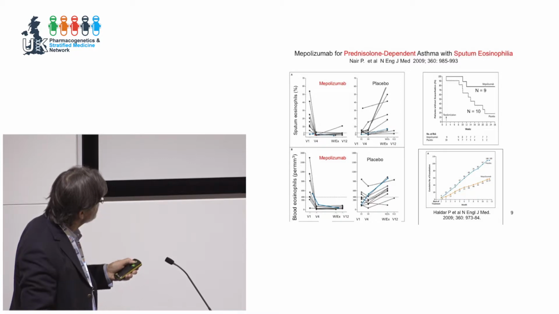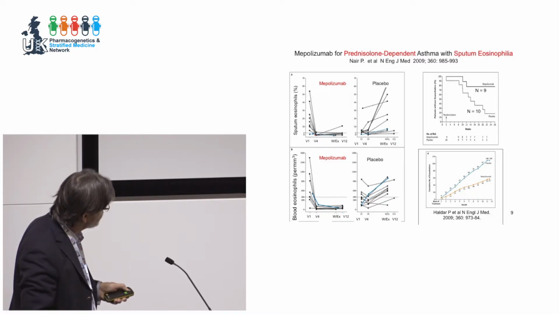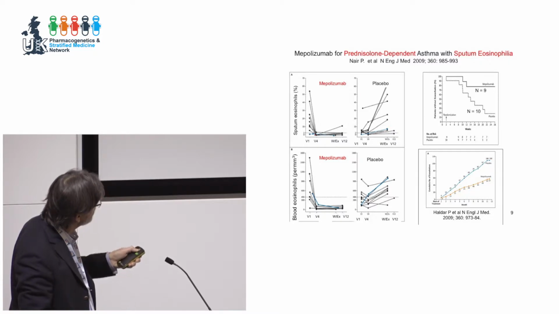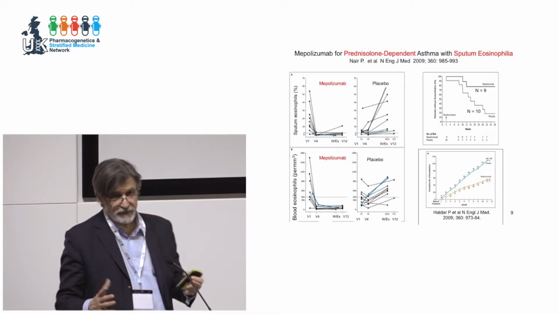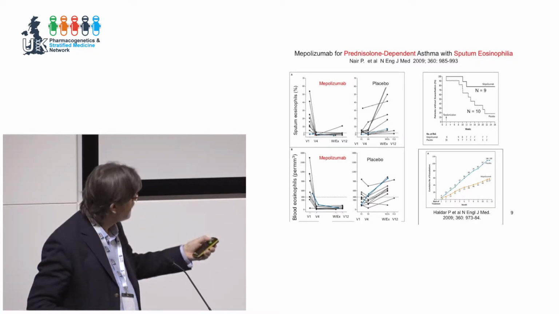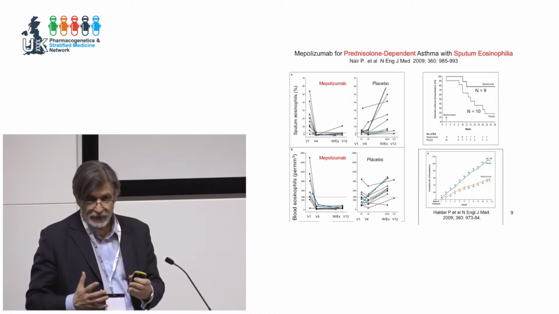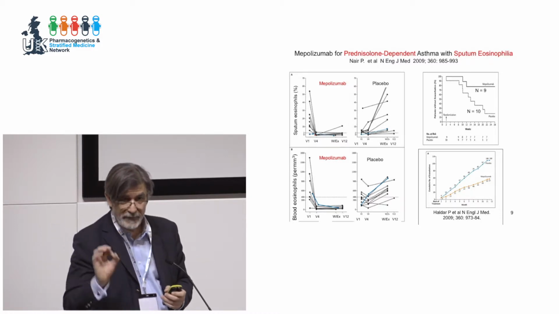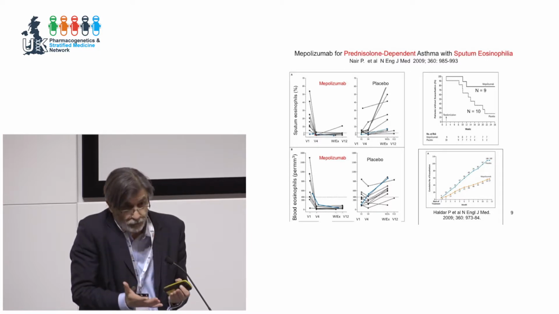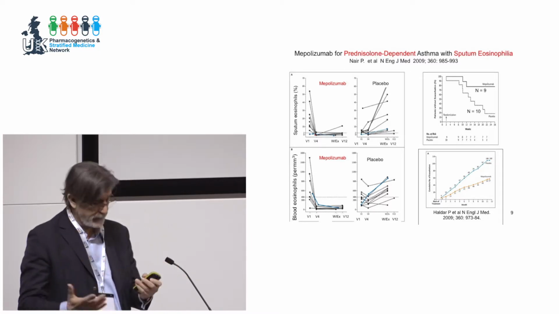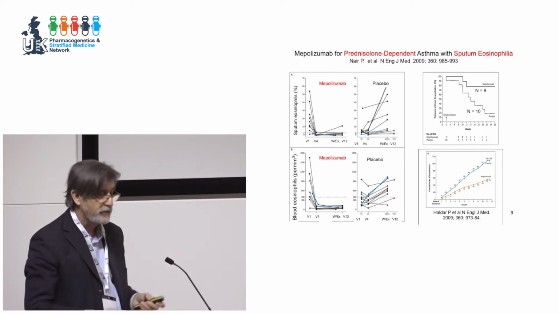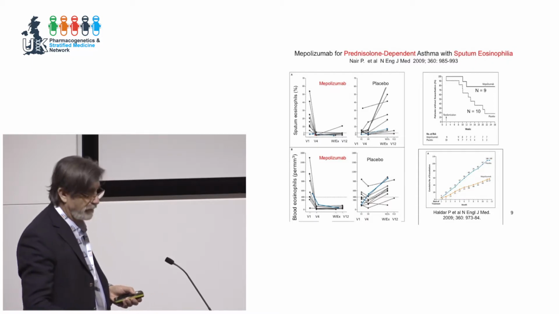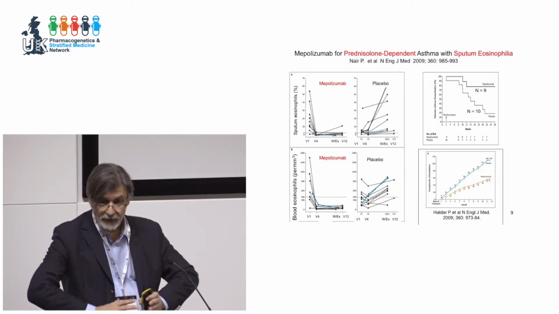And as a consequence, when they looked at exacerbations, so this is the annualized exacerbation rate, this is individual exacerbation rate, you see that the mepolizumab was hugely effective. There was a reduction of about 70% in that trial and 60% in that trial of exacerbations of asthma. Bingo. That was the proof that stratifying, selecting, pre-selecting, enriching the population of patients, the drug was effective.